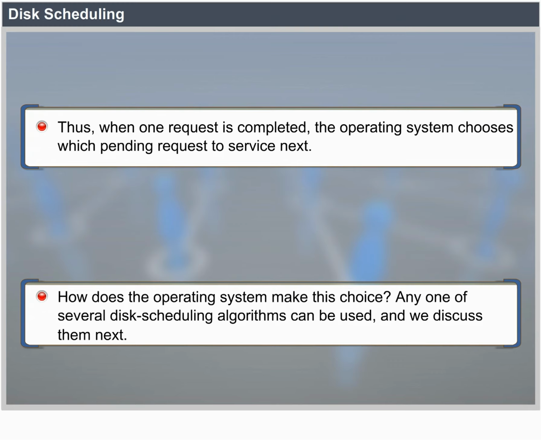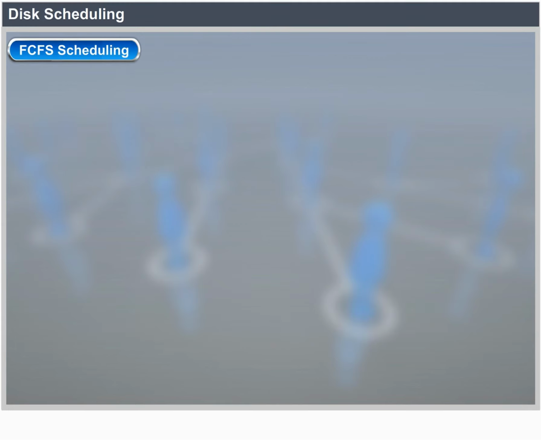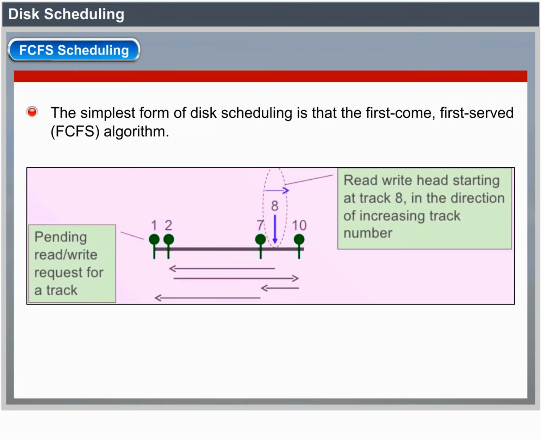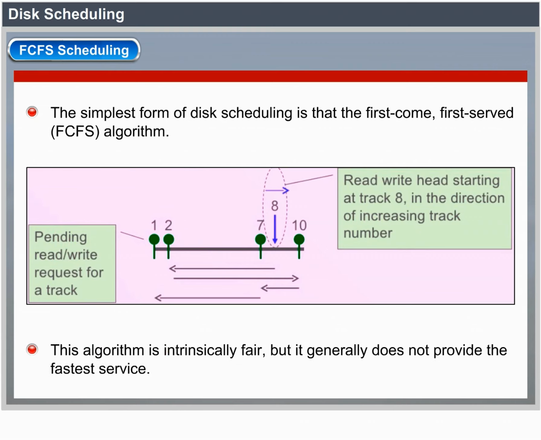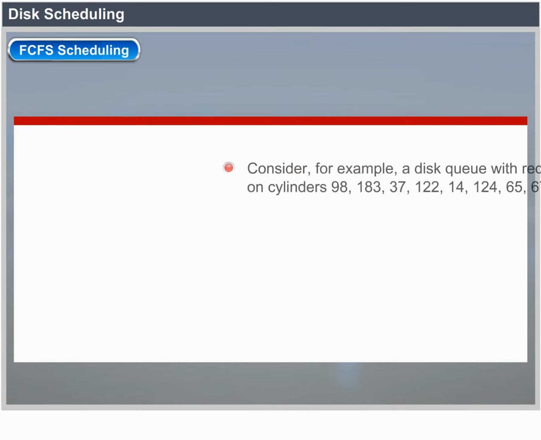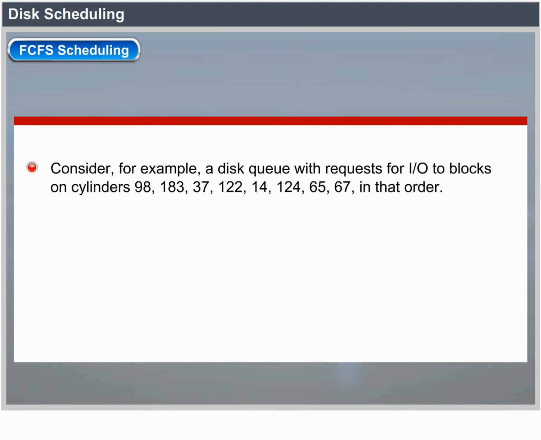FCFS scheduling. The simplest form of disk scheduling is, of course, the first-come, first-served (FCFS) algorithm. This algorithm is intrinsically fair, but it generally does not provide the fastest service. Consider, for example, a disk queue with requests for input-output to blocks on cylinders 98, 183, 37, 122, 14, 124, 65, 67, in that order.